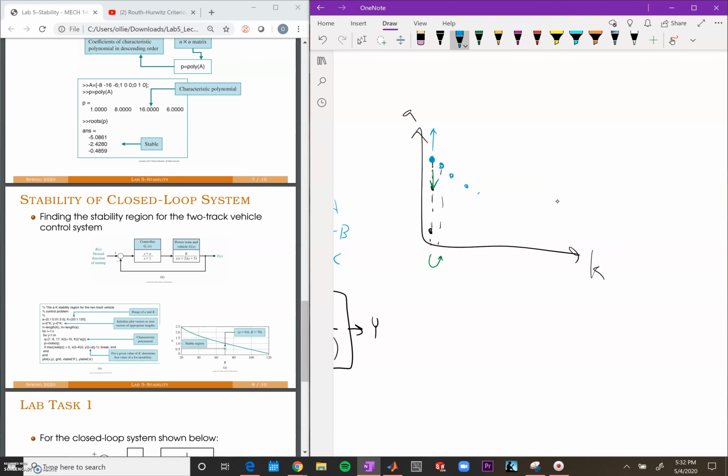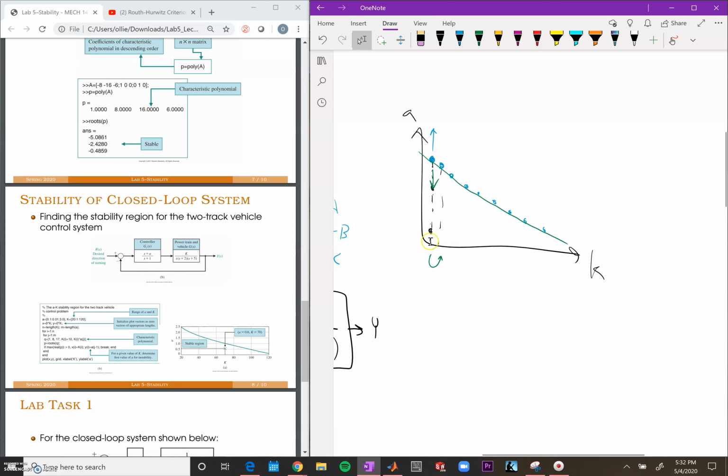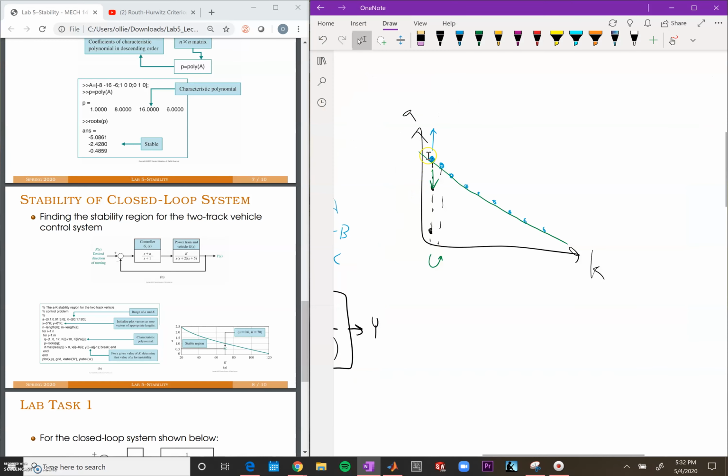And the dot means we're going from an unstable system to a stable system. What we want to do is plot these. So that's what X and Y do. X says this is the K value, and Y says this is the A that is on the border between stability and instability.